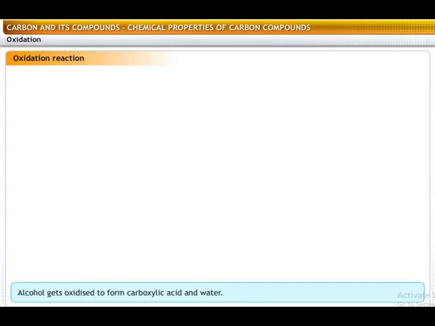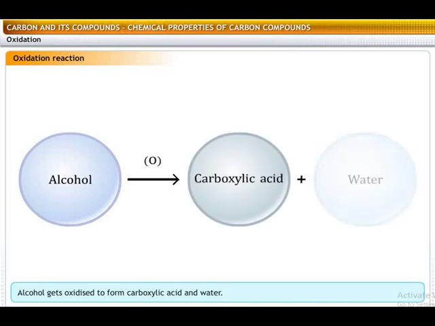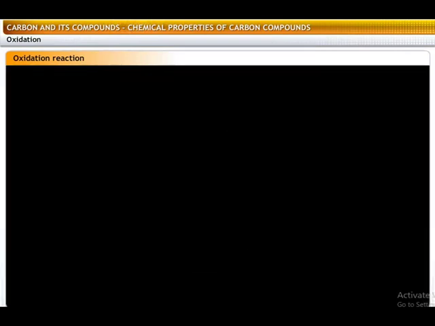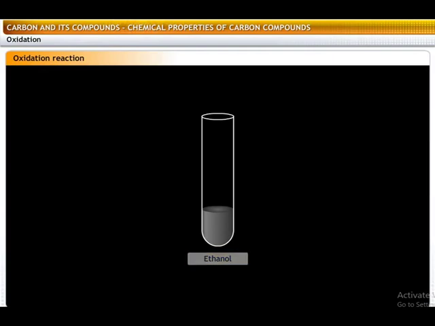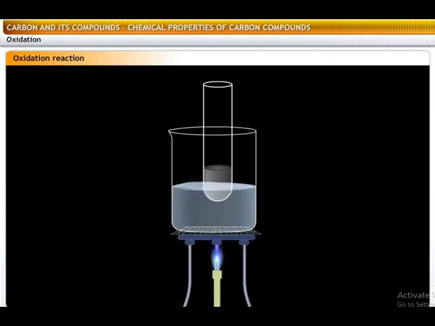Carbon compounds undergo oxidation reactions. For example, alcohols undergo oxidation reactions and form carboxylic acids and water. Let us learn more about oxidation of alcohols through an experiment. Take a small amount of ethanol in a test tube and place it in a water bath.